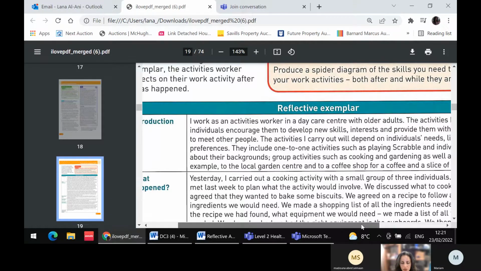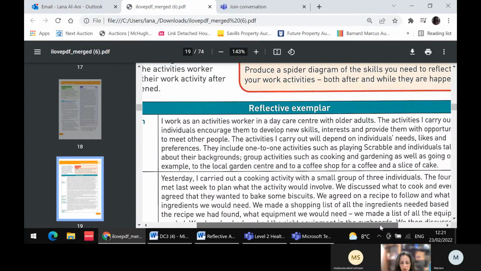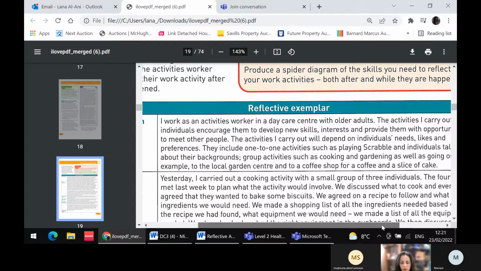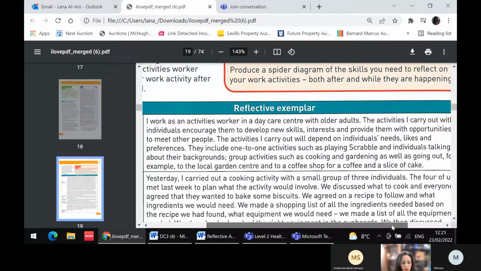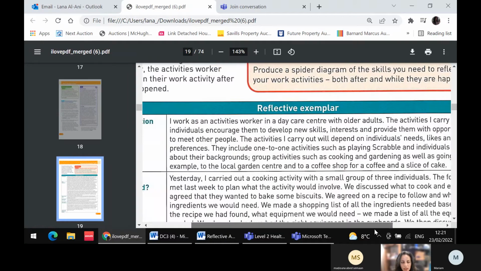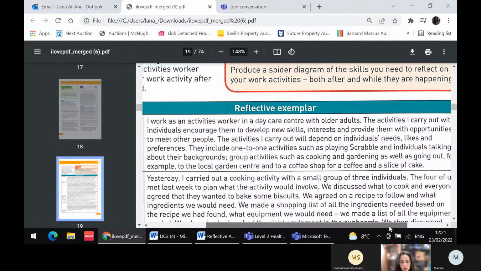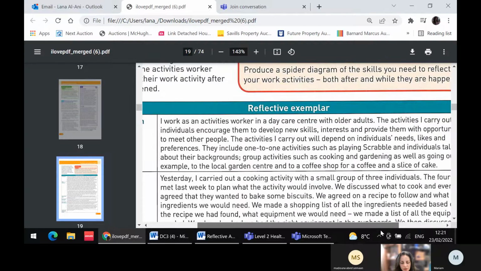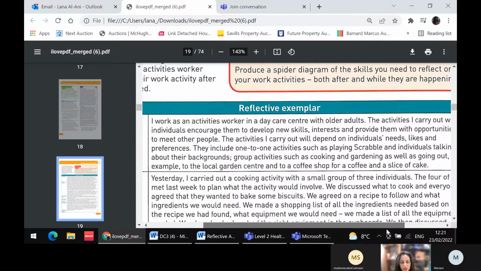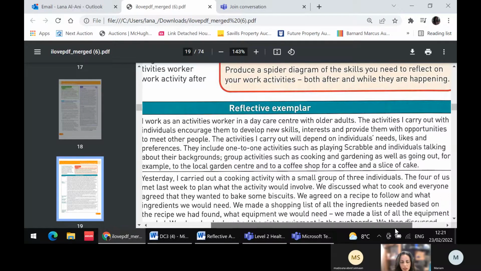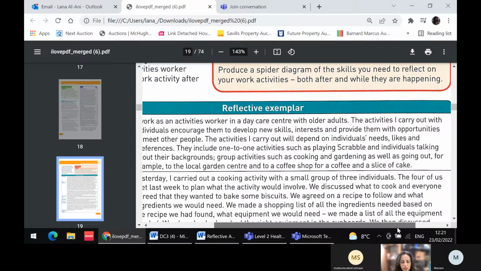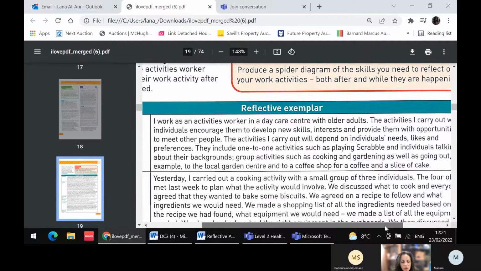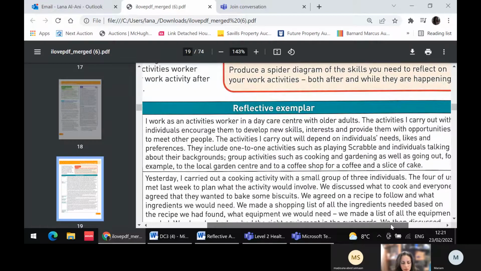The activities encourage individuals to develop new skills and provide them with opportunities to meet other people. The activities I carry out will depend on individual need linked to preferences. They include one-to-one activities such as playing Scrabble, and individuals talking about their backgrounds in groups.